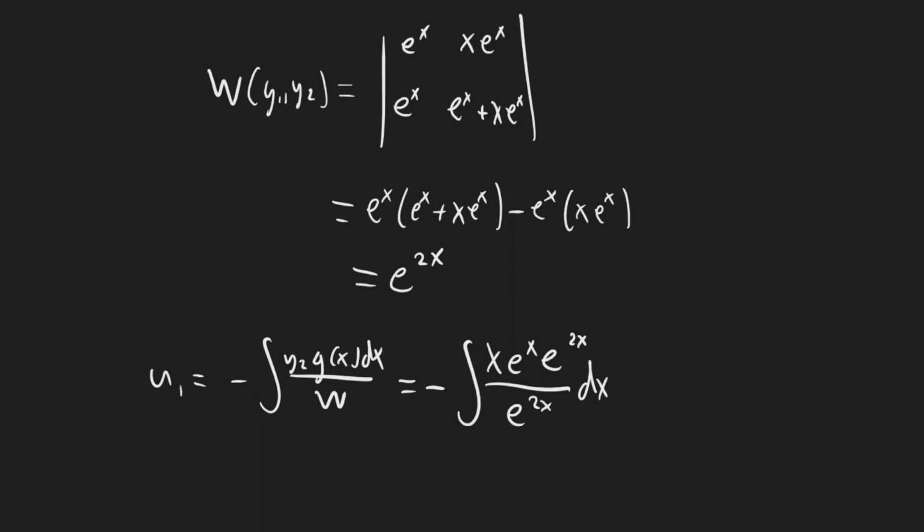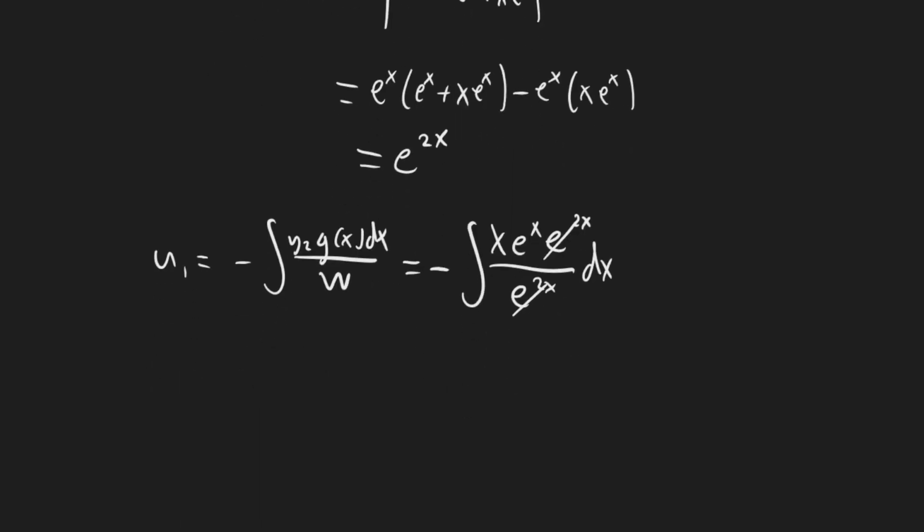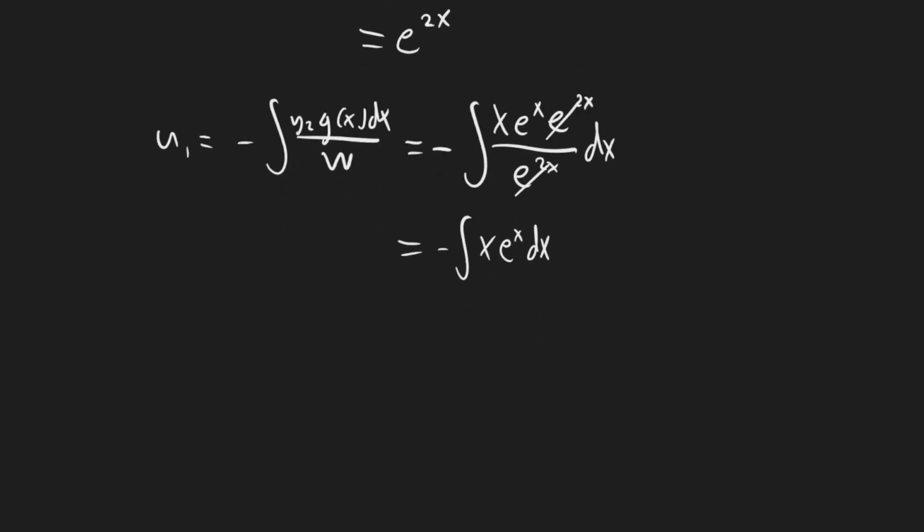to x. So these guys are going to cancel, and we're going to be left with a negative integral of x e to the x dx. And this is going to be an integration by parts. So here u equals x, du equals dx, and now instead of gamma, I'm calling it u because this is a more familiar version. I only used gamma in the last problem because we had a u substitution already. So what's dv?